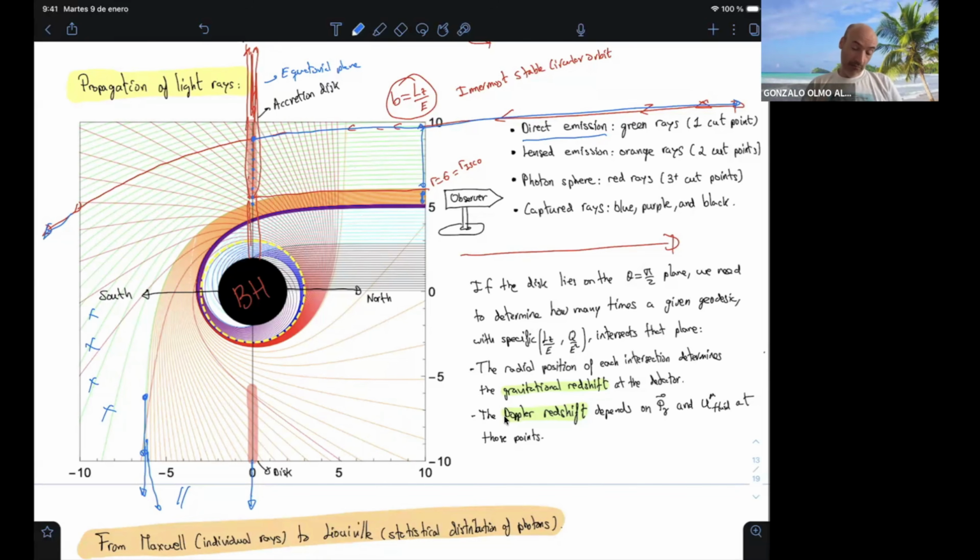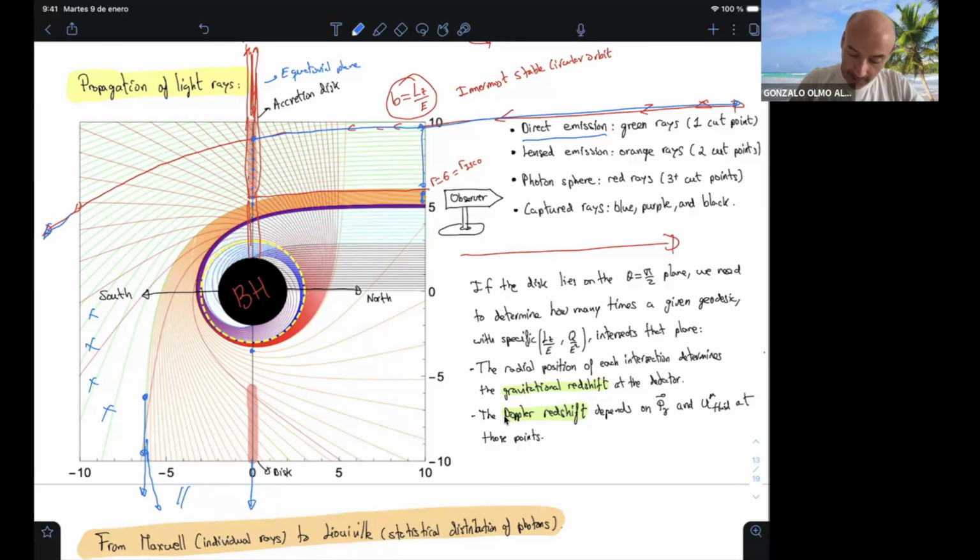Since we don't know how far the accretion disk extends, we could say that this orange geodesic intersects the equatorial plane actually only twice, okay? One here and one very far away. And this other geodesic, the one closer in the orange sector, as we can see, intersects the equatorial plane twice, okay?